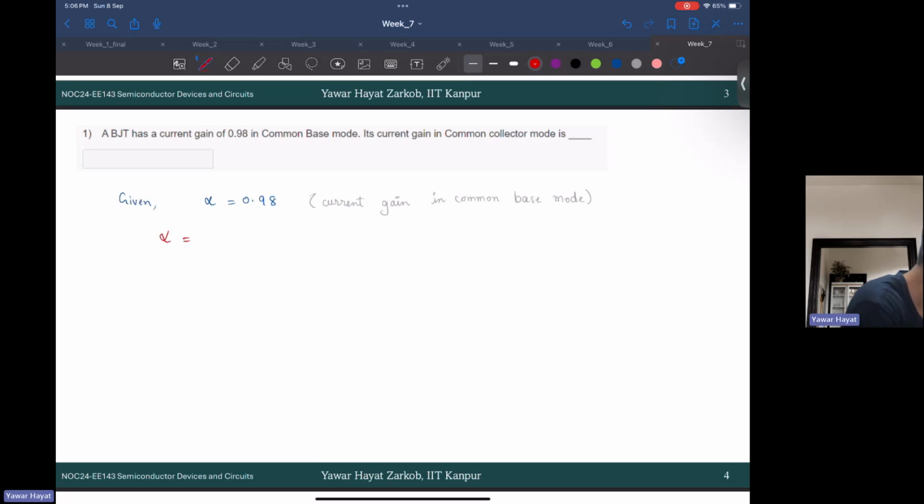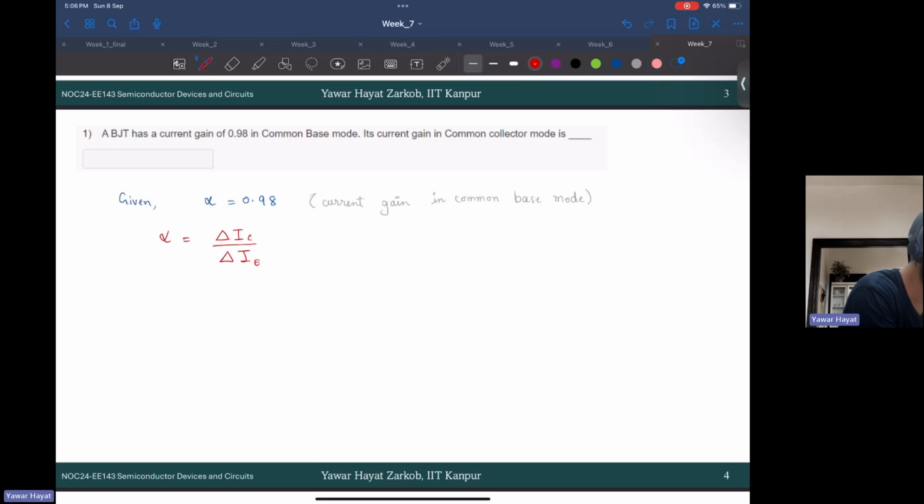Alpha by definition is delta IC by delta IE. This is the current gain in common base mode, because the output terminal is the collector, the input terminal is the emitter, and the base is common. So this is the current gain in common base mode.